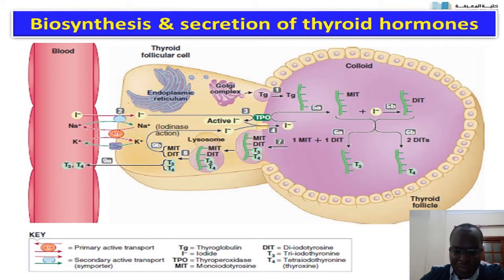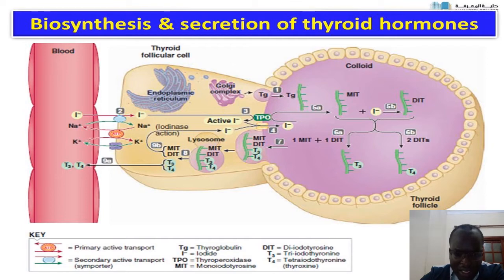So you have this complex that is contained within the vesicles. This vesicle will now fuse with the lysosome to form the endolysosome. In the lysosome you have a lot of enzymes that will now break down some of these hormones. They will split the tetraiodothyronine and the triiodothyronine from this complex.